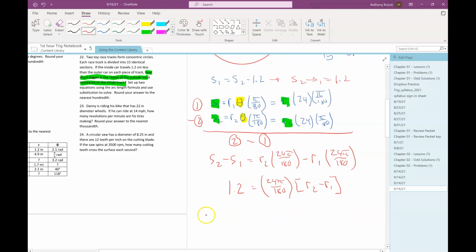Then I can just multiply both sides by the reciprocal. Oops, that's supposed to be 24 pi, not 2 pi. And that would do it.